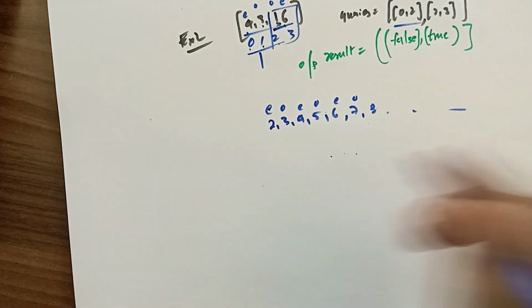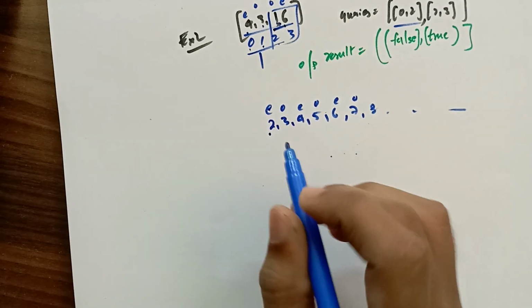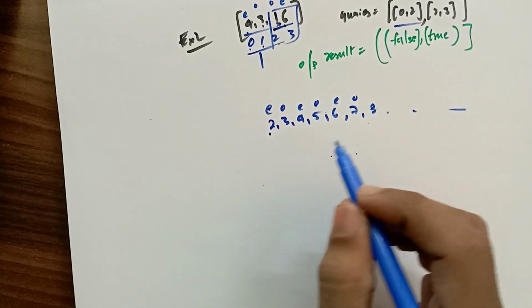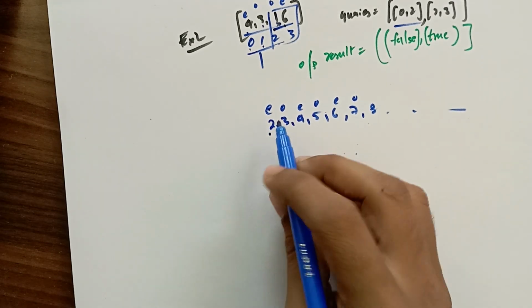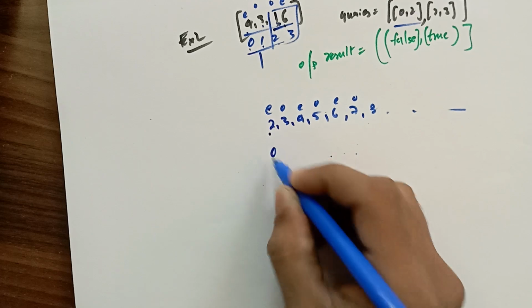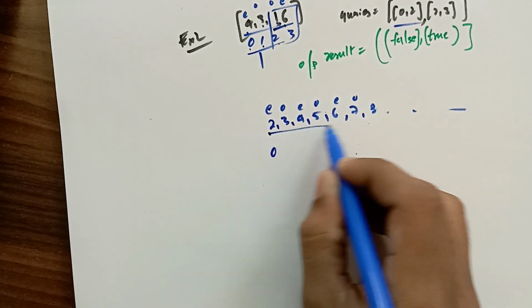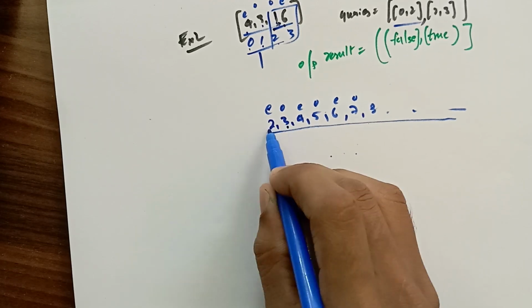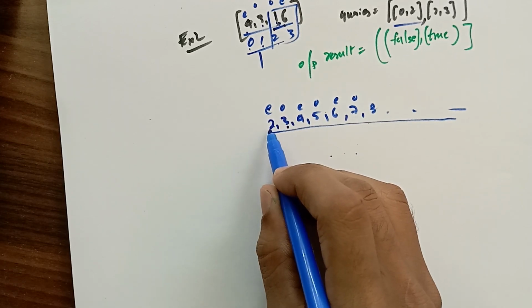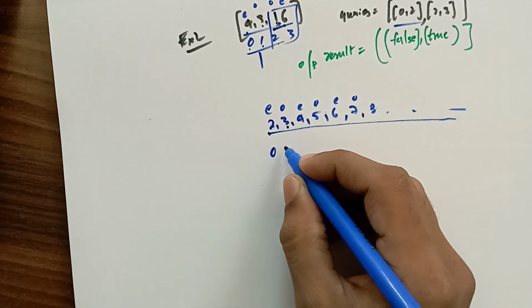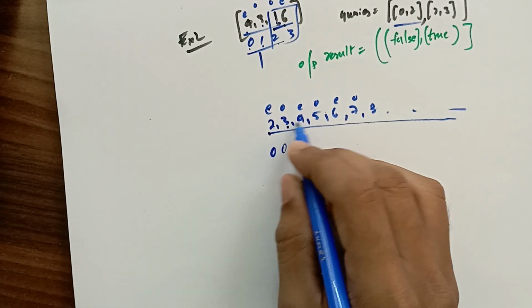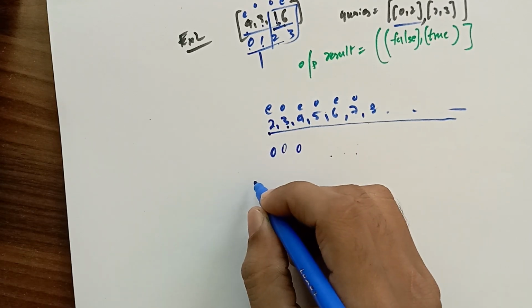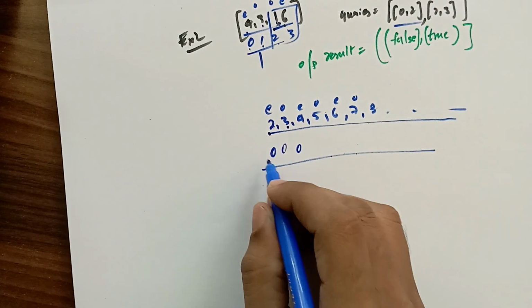For the first element, let me store 0, and then for 3 they both have different parity, this is odd and this is even, so let me store 0, and this is even, this is odd, let me store 0. But why am I doing this?